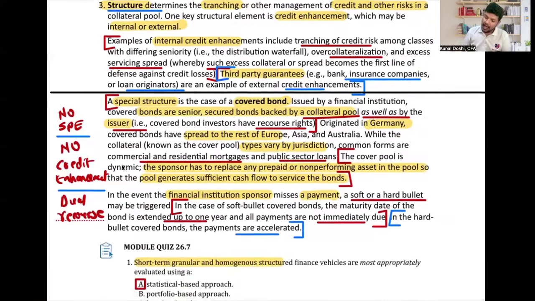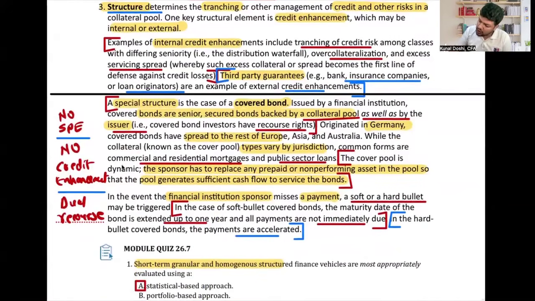Got it? An alternate to the securitized bond is the covered bond. A covered bond does not require the securitization structure of creating an SPE because the pool remains very much the responsibility or liability of the bank itself.